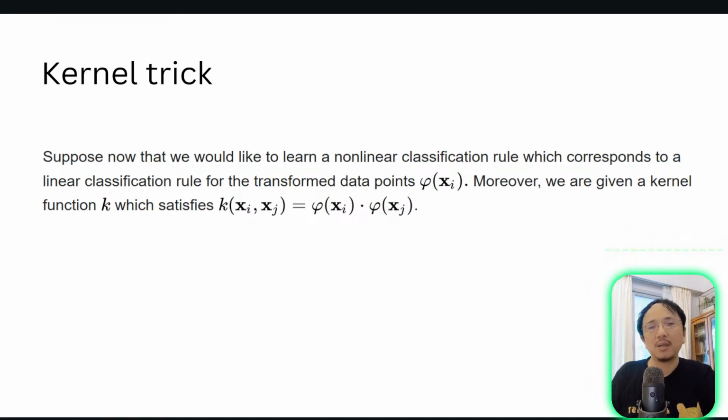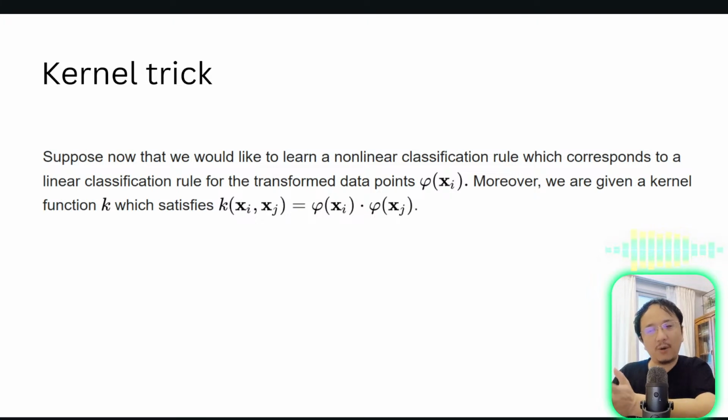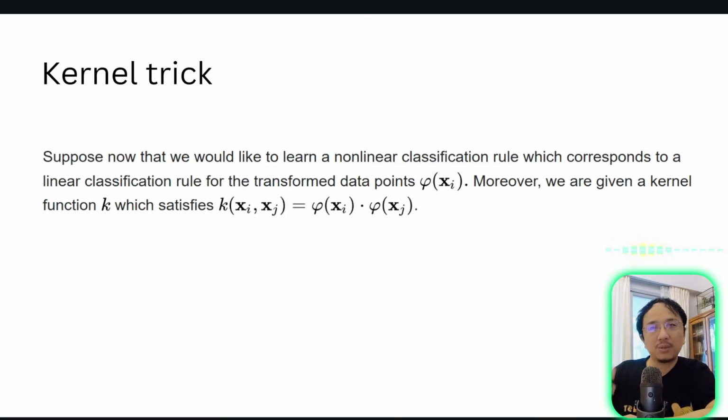So we want to find a simpler or more elegant way to solve the issue. At least if we have different ways to deal with the same problem, we can choose the best way to do so. So the kernel trick is one of the alternative ways.